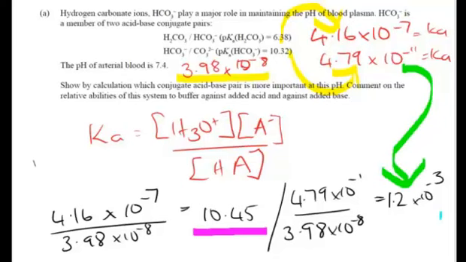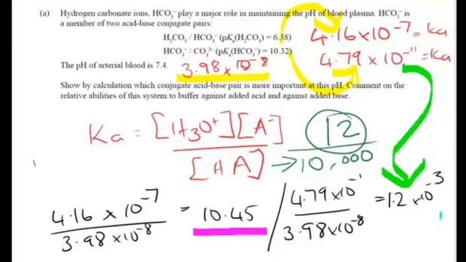and what that means is that for every 12 of these you've got something like 10,000 of these. So you've got very little base in this case, but a lot of acid.